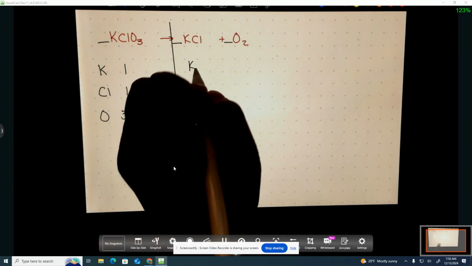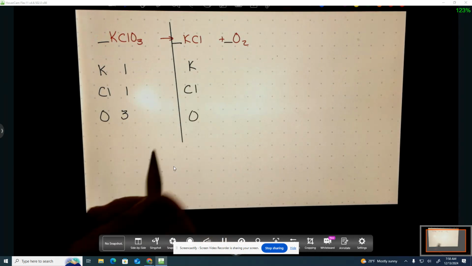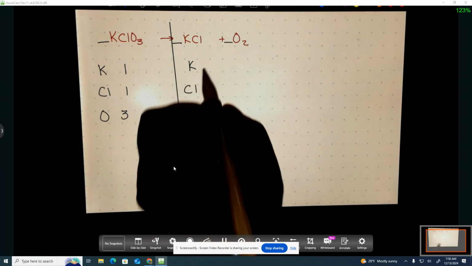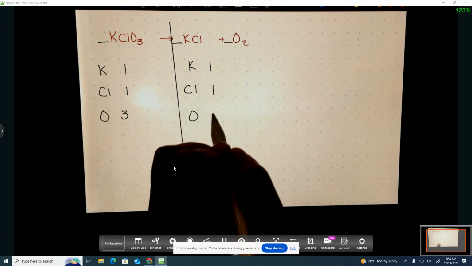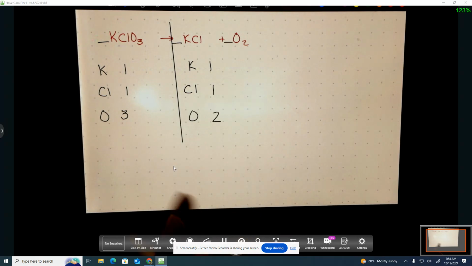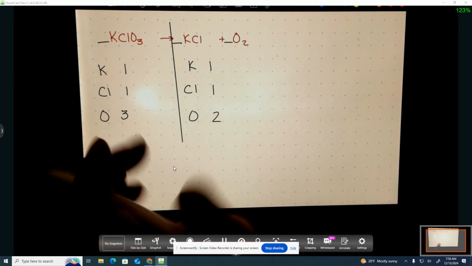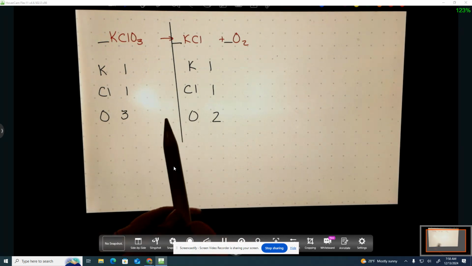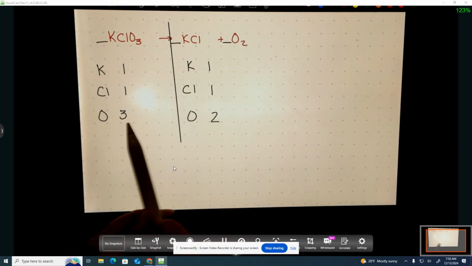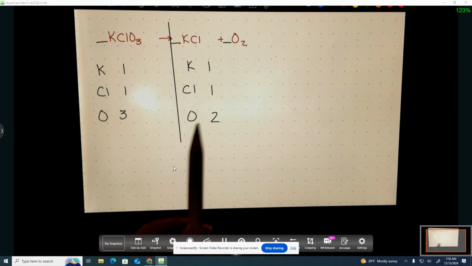Now on this side, I'm going to write the same list, keeping them in the same order. 1 potassium, 1 chlorine, but 2 oxygens. So they don't match. Here's where they don't match.